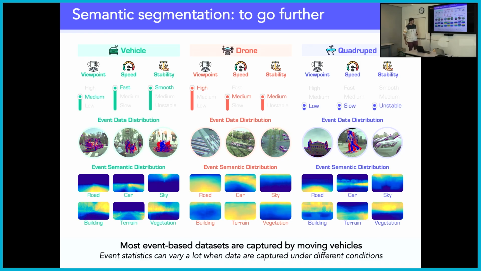And so we wanted to deal with that, and we wanted to show that it's feasible to extract knowledge from one domain to the other, specifically because most of the event-based datasets are based on cameras on cars, and there are almost none on quadrupeds, and maybe a little bit on drones.